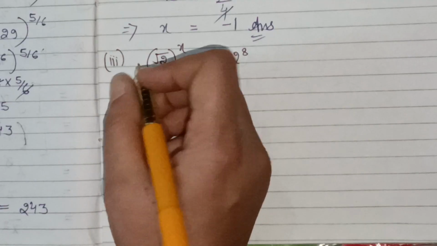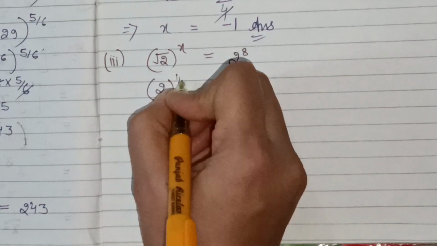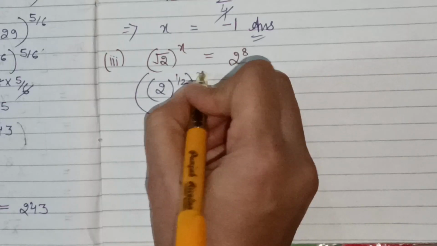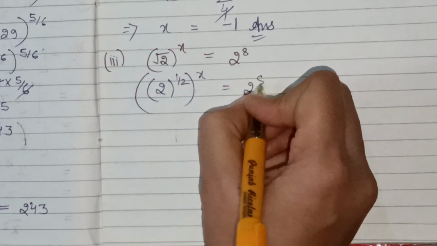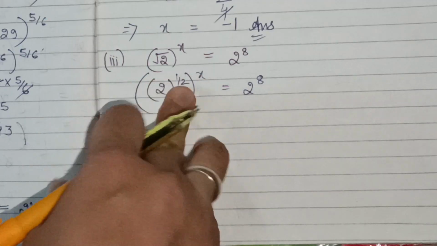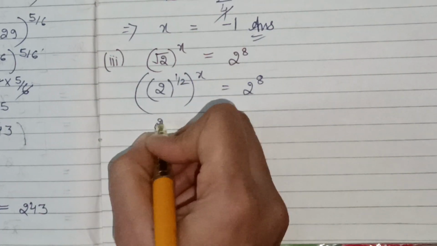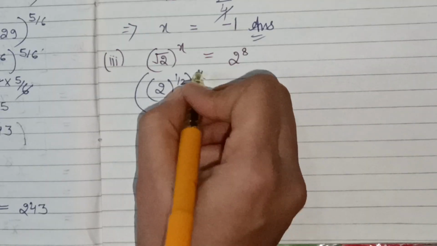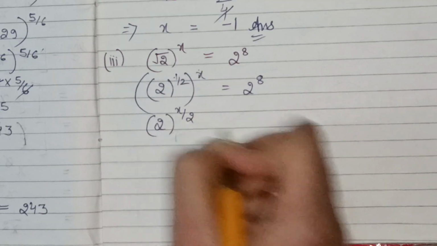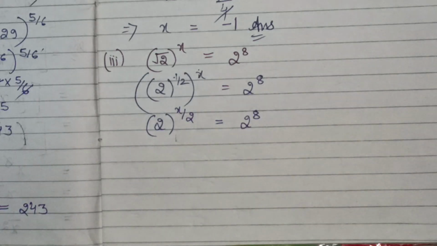So I write 2 raised to power 1 upon 2 x is equal to 2 raised to power 8. Then I multiply this x by 1 upon 2. x times 1 is x upon 2. So 2 raised to power x upon 2 is equal to 2 raised to power 8.